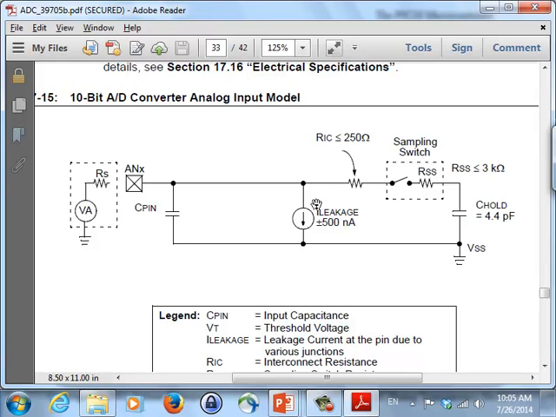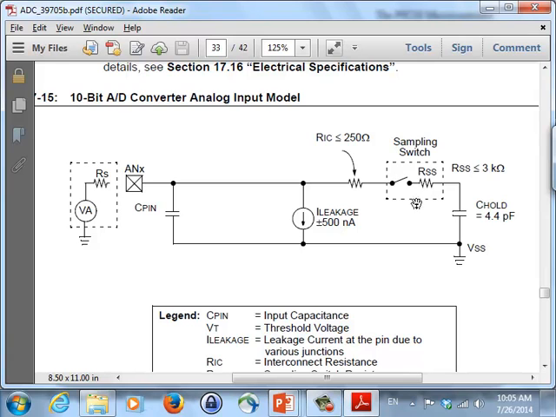There's going to be some leakage. The transistors inside your PIC are going to leak, and the leakage is going to go higher and higher depending on temperature. The higher the temperature, the more leakage you have. And then you have the RIC, the interconnect, which the PIC manufacturers say we guarantee that it's going to be less than or equal to 250 ohms.